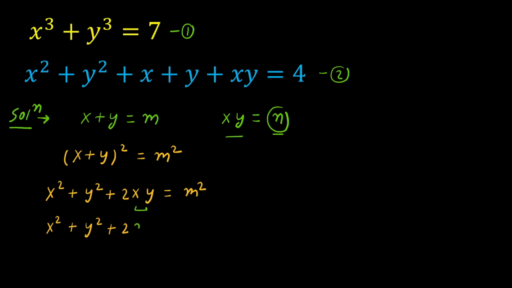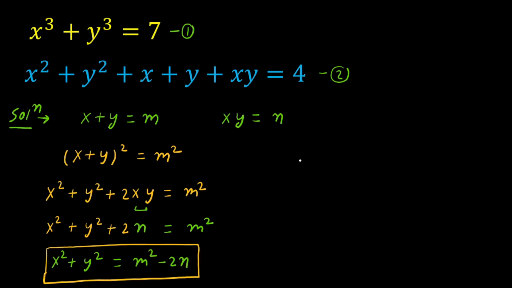So x^2 + y^2 + 2n = m^2. Now the value of x^2 + y^2 = m^2 - 2n.